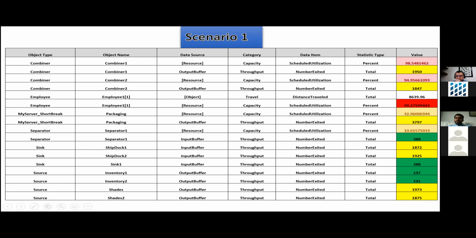The combiner was working for 98% of the time, which is way above the ideal time. And the resource, which was the only employee shifting parts between the different conveyor belts, was working 99% of the time. So after we had mapped it and created a simulation model, only then did we realize that we are relying way too much on this machine and this person.